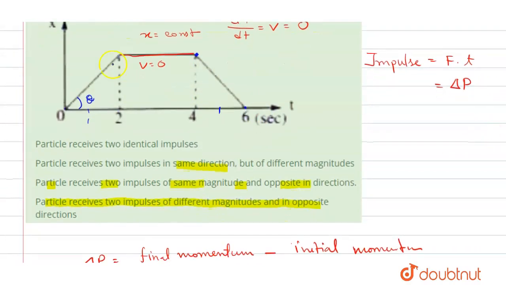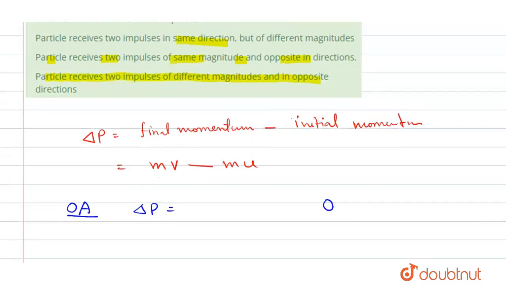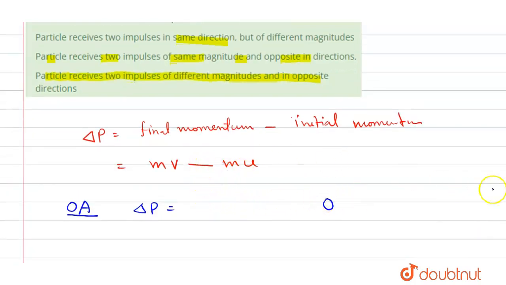Now from the first case, suppose O to A and from B to C, the initial momentum from O to A. The change in momentum, the initial momentum is 0, since initial velocity is 0, but we can take the final velocity in this case as v, and suppose the mass is m.